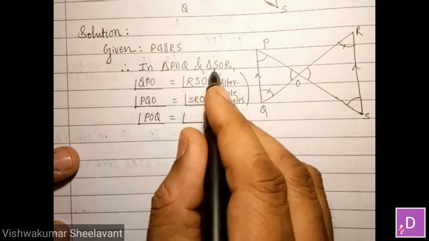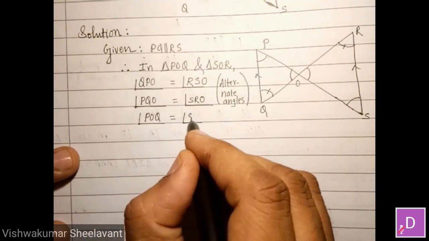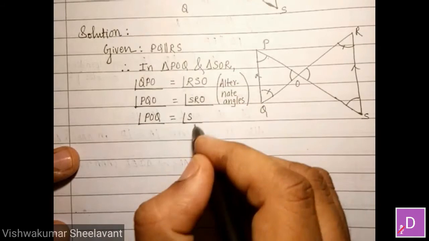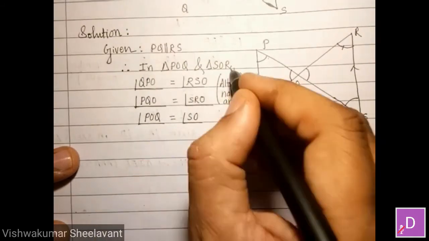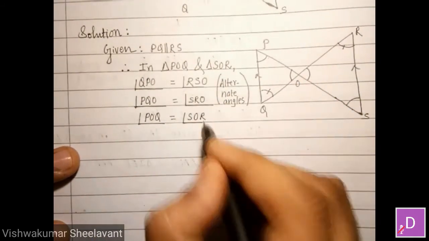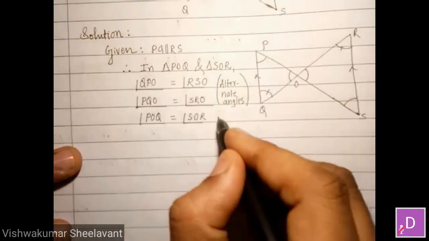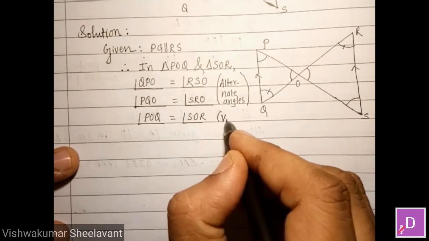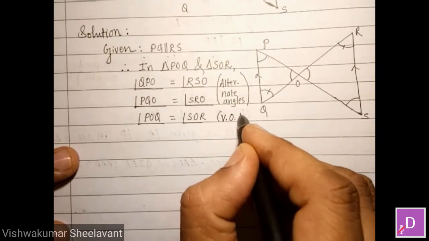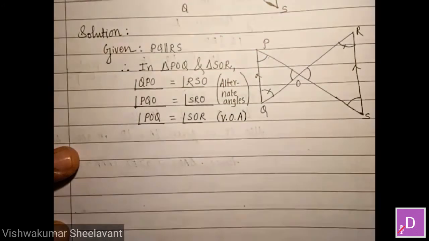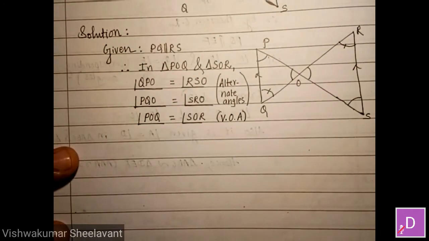P corresponds to S. O corresponds to O. Q corresponds to R. Angle POQ must be equal to angle SOR. Reason is what? Vertically opposite angles.